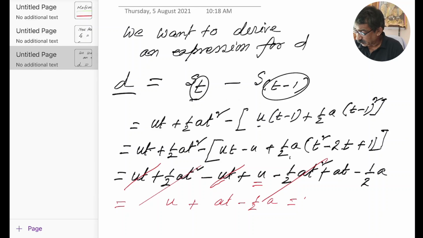That is equal to u plus half of a into 2t minus 1.